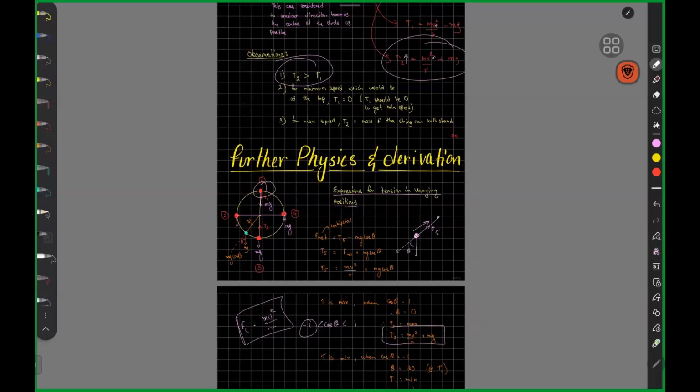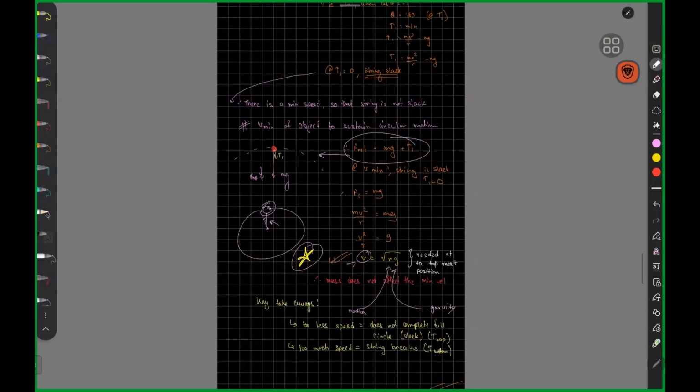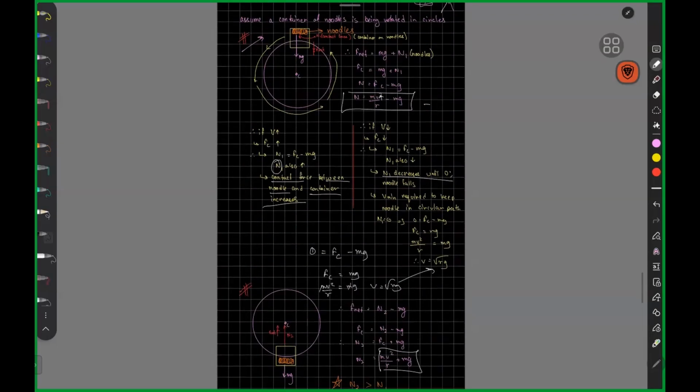This is what may come in your paper, and you can do a lot of maths with the tension. But whenever I go to this part, it somehow makes more sense to a lot of students because they can imagine the noodles falling out. They can see the problem with the normal reaction force being zero, and they can fathom that better for some reason because it's more intuitive to think of. So then they go like, okay, well, makes sense now.